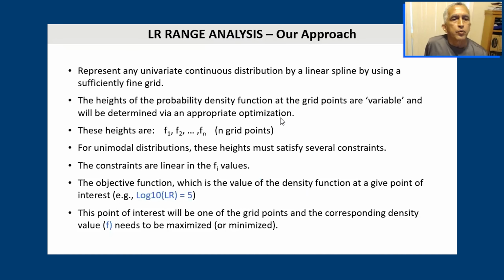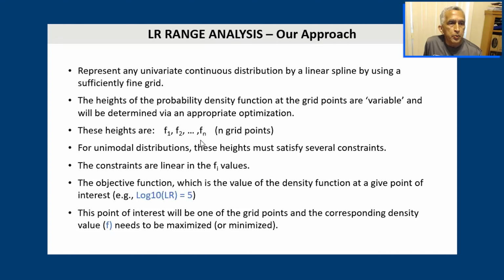And to actually have an algorithm that can allow for the calculation of the LR range, we represent univariate continuous distributions by linear spline PDFs using a sufficiently fine grid. So you can very well approximate just about any density function in this manner by just taking a finer and finer grid. The heights of the probability density function are the variables denoted by F1 through Fn, where n is the number of grid points.